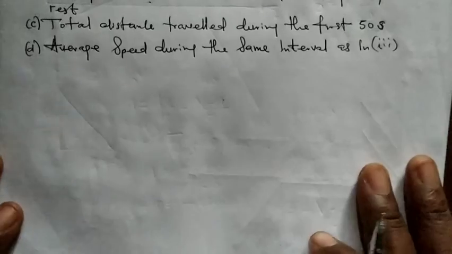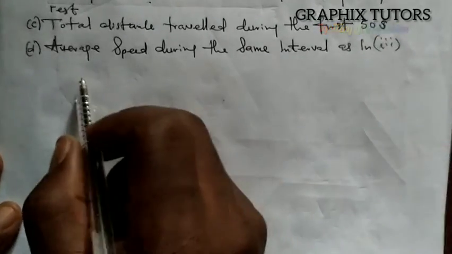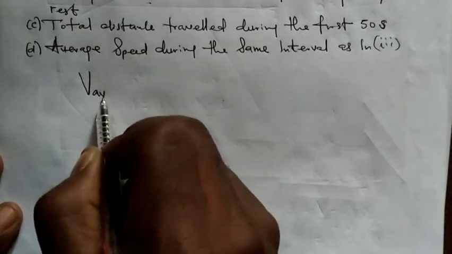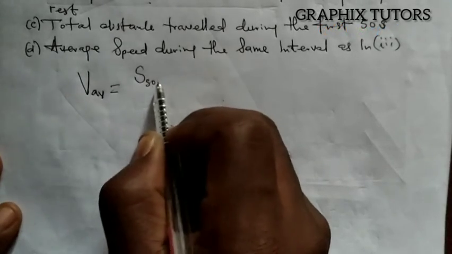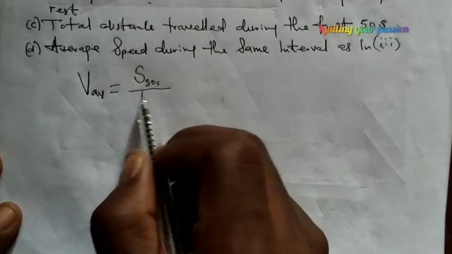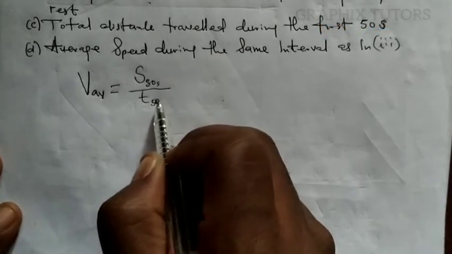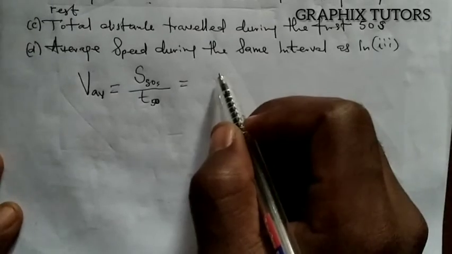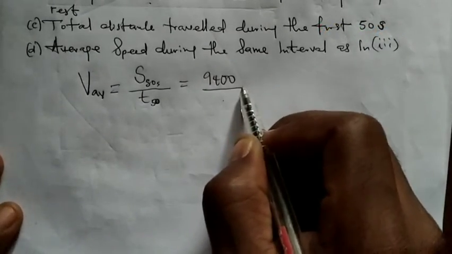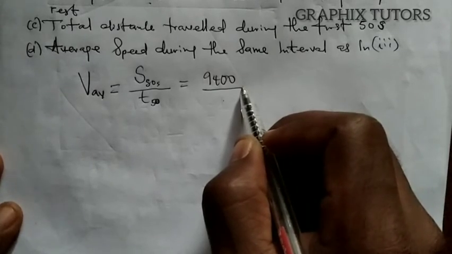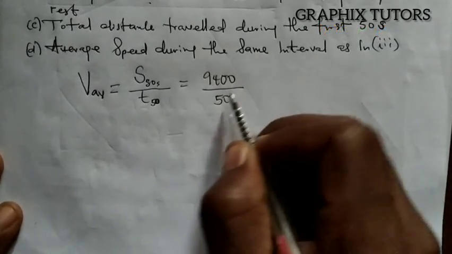So the average speed during the same interval. What is the interval? The same interval, 50 seconds. So we say that my average speed is equal to what? The distance traveled at 50 seconds, which is the same interval, all over what? The time taken, t, at also what? 50 seconds. So that will give us 9,400 divided by 50.